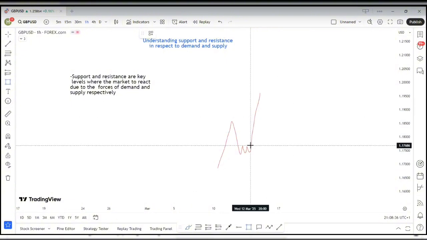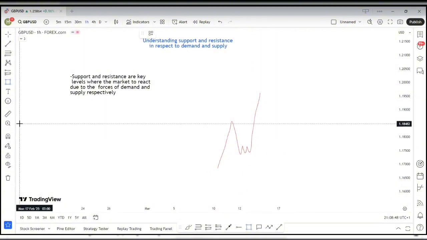Because the buyers take control of the market. There is a lot of demand in the market, right? Demand means buyers. Demand is equal to buyers. I need to write this down.